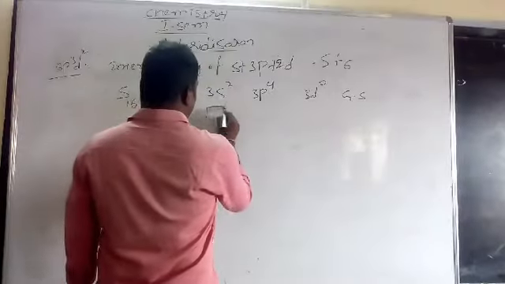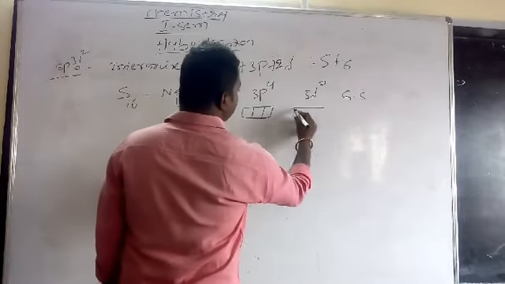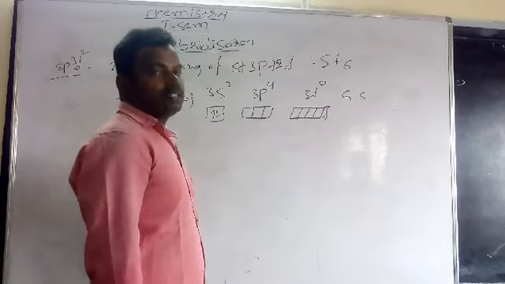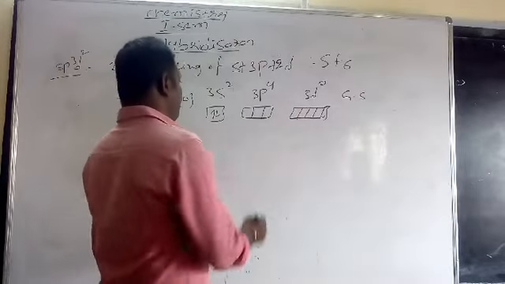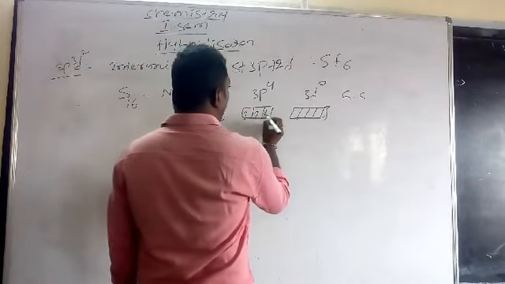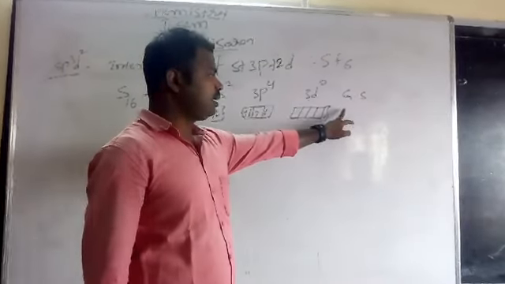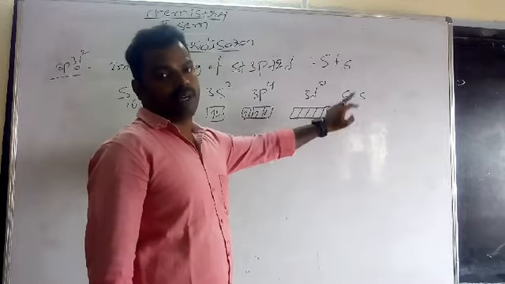For the formation of the SF6 molecule, sulfur requires six unpaired electrons, but here only two unpaired electrons are there in the ground state, but we require six.